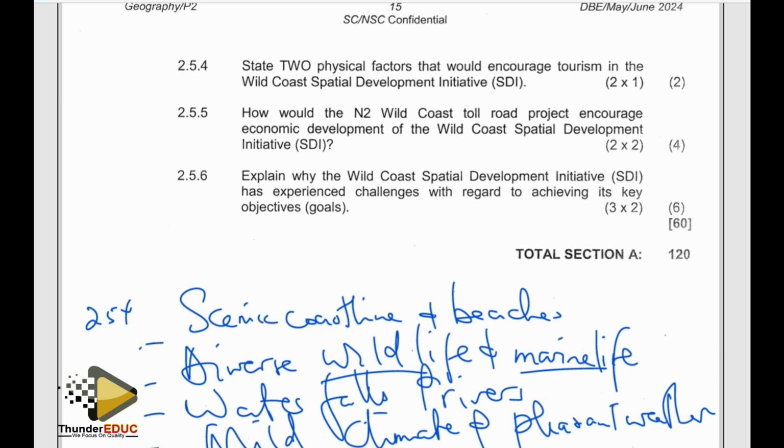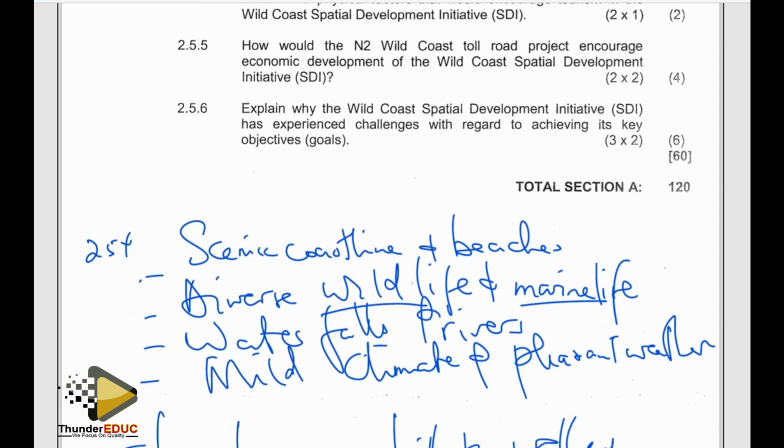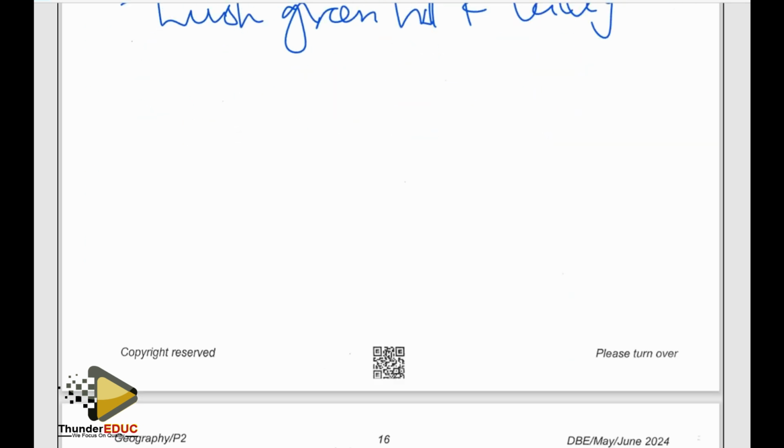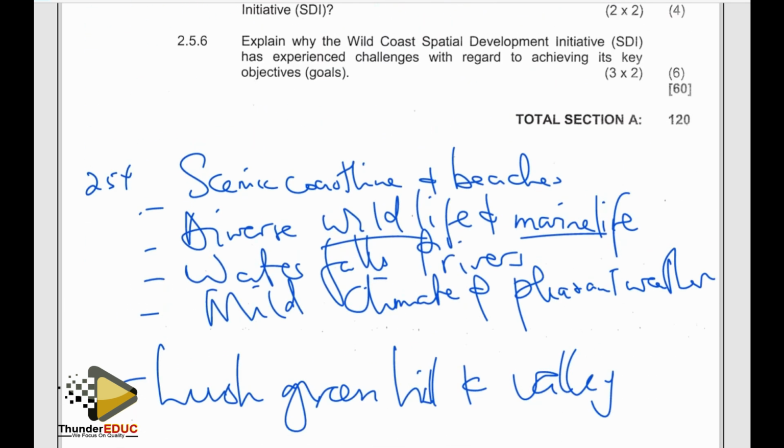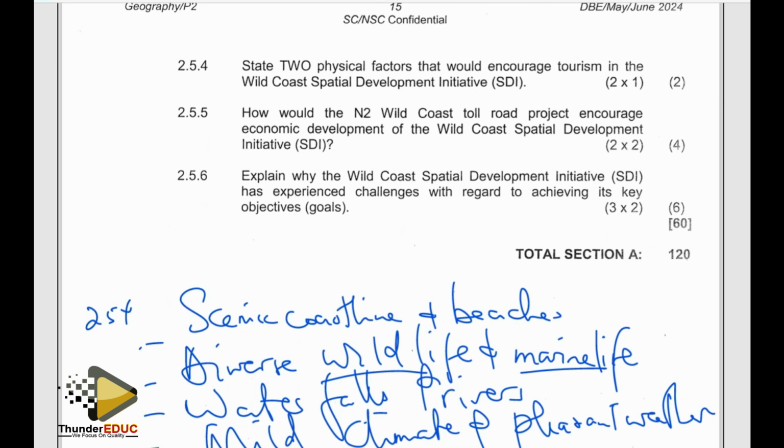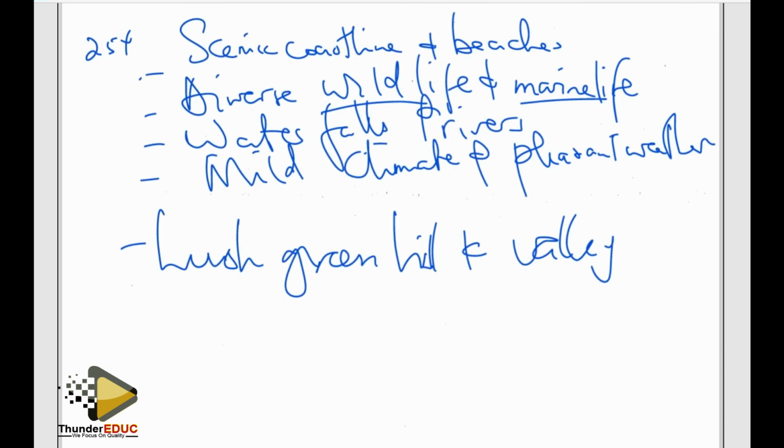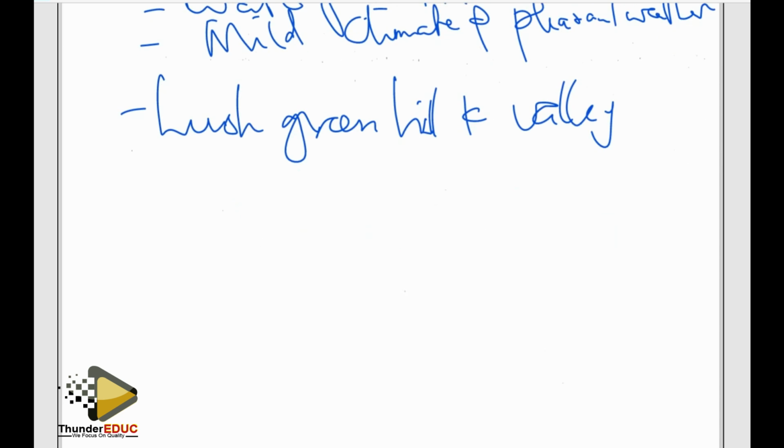Why would the N2 Wild Coast Toll Road project encourage economic development of the Wild Coast Spatial Development Initiatives? How would the N2 Wild Coast toll road project encourage economic development? Right. As the toll road is being constructed, it creates jobs.